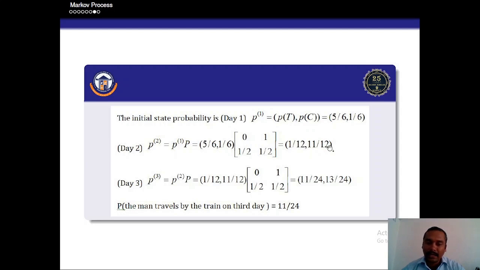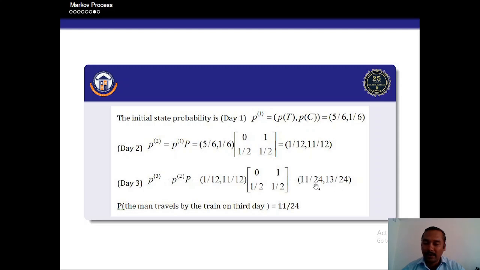For the next day, that means the third day, p power 3, use the previous day. That means present day is p square, the future is the third day, and p1 is the past. So use the present probability value here so that we can get the probability of train or car.